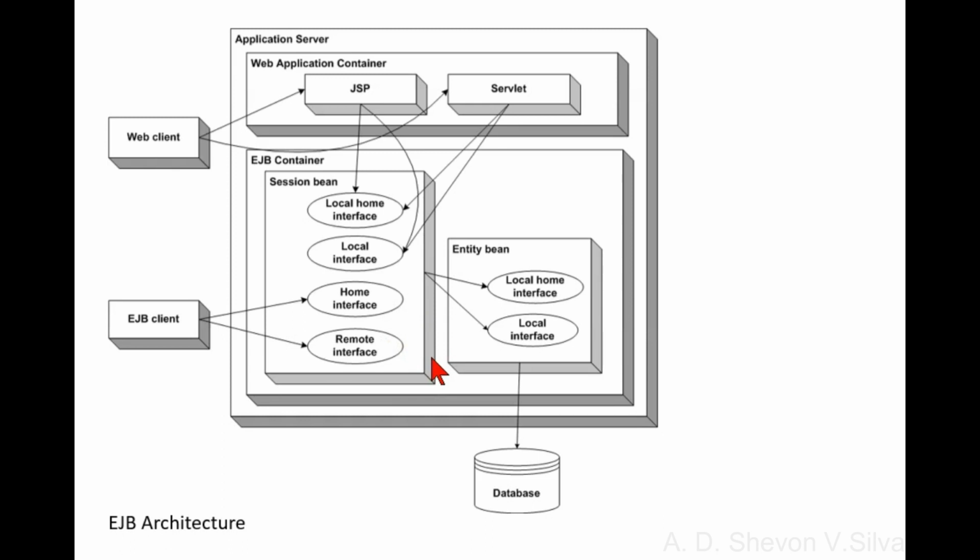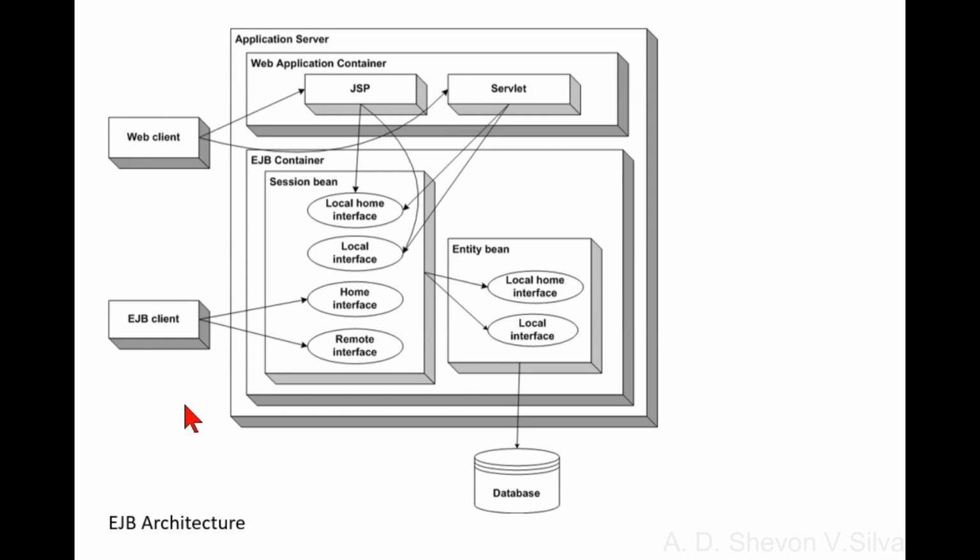Client interfaces. An EJB client does not communicate directly with an EJB component. The container provides proxy objects that implement the component home and remote interfaces.